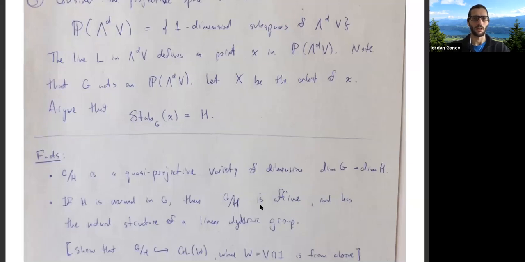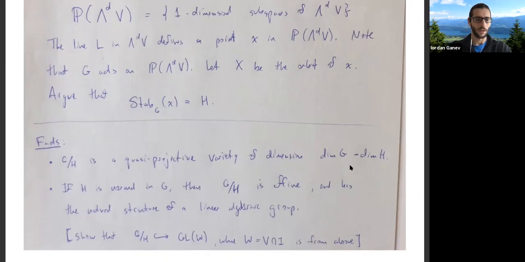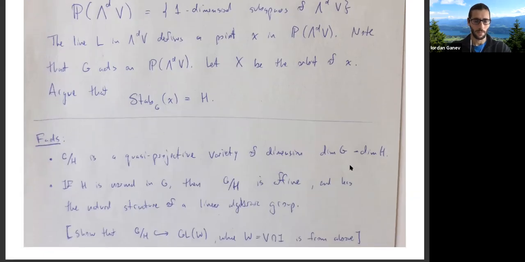So it's the intersection of an open and closed subset inside of a projective variety. Its dimension is the dimension of G minus the dimension of H. Also, if H happens to be normal, this is a fact, a proposition that I'm not really going to prove, that if H is normal in G, then this quotient space is in fact affine.